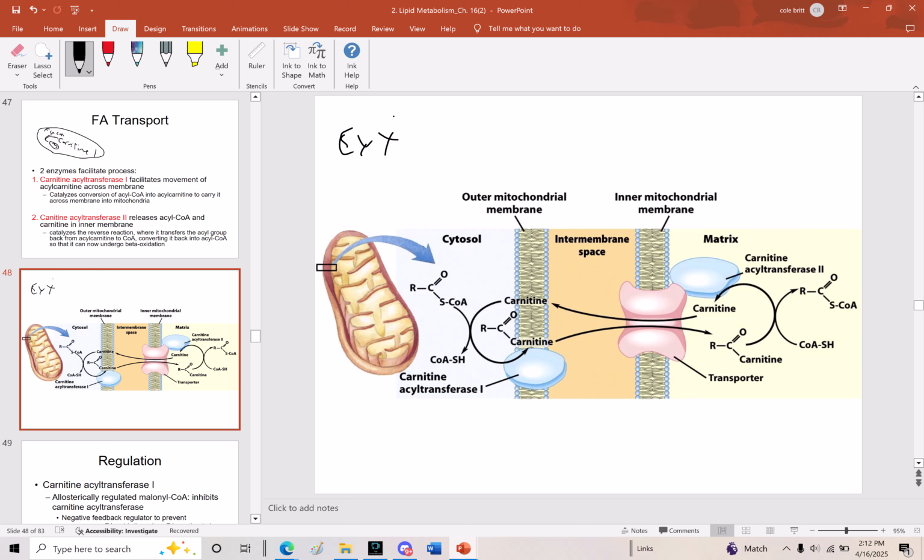So step 1 is where you take acetyl-CoA to make a malonyl-CoA. Step 2 is where you take another acetyl-CoA and add the malonyl-CoA that you made in the first step. This is what you're going to repeat over and over again.